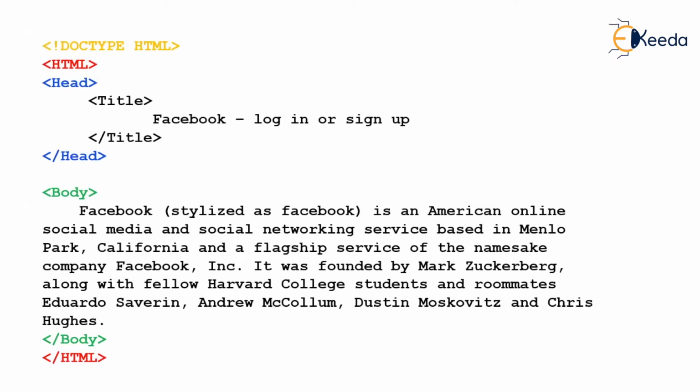And in the body tag, some description about Facebook is written. We have already seen the output of this document, but we don't know what is this tag and what is this element. So let's discuss about tags and elements.